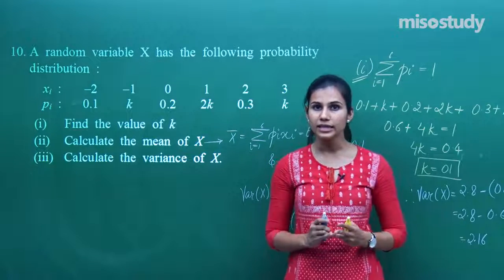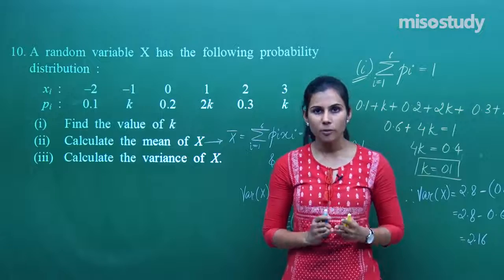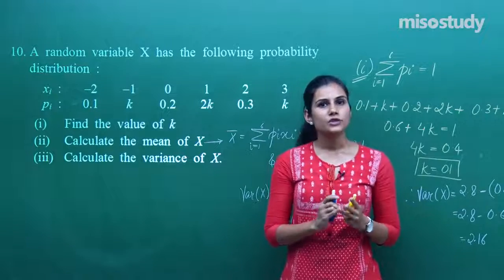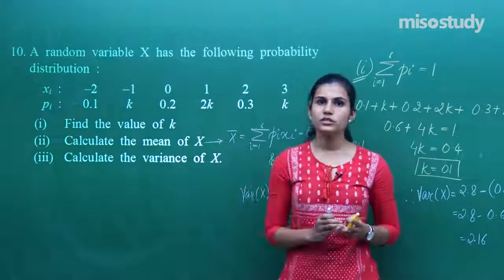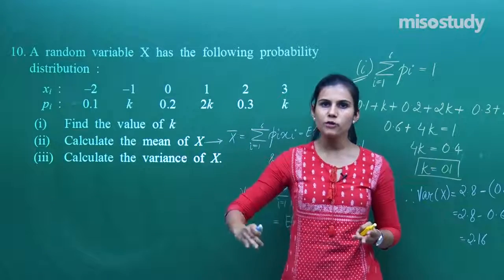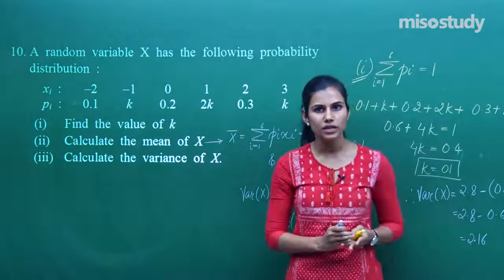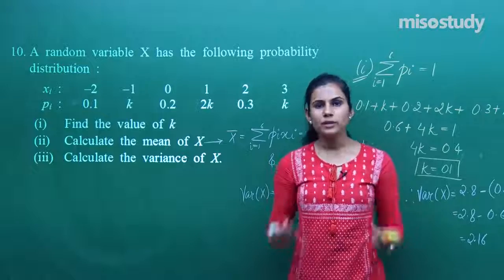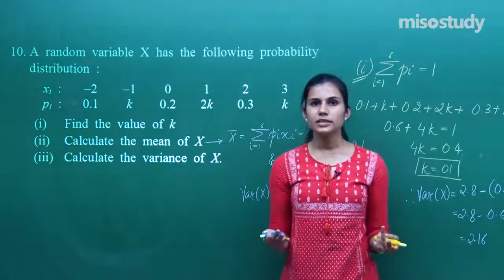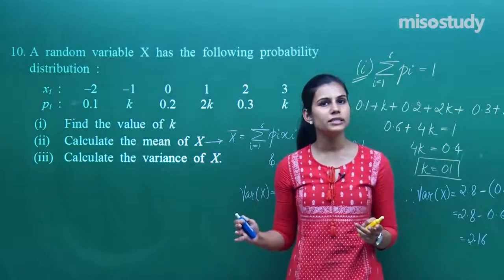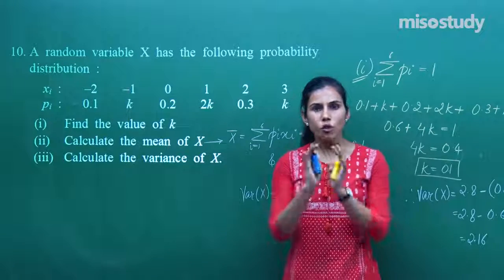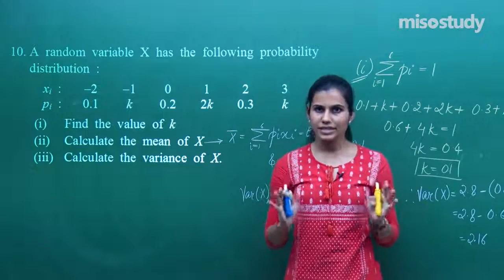You should be thoroughly crystal clear with each and every formula, and the more you practice, you would be able to decode what the question is trying to ask you, whether Bayes' theorem would be used or total probability theorem would be used. What should be my events? What should be the one sitting in the denominator? What should be the one sitting in the numerator? Which type of conditional probability should be used to evaluate the result? All these things will be clear when you practice more and more questions.